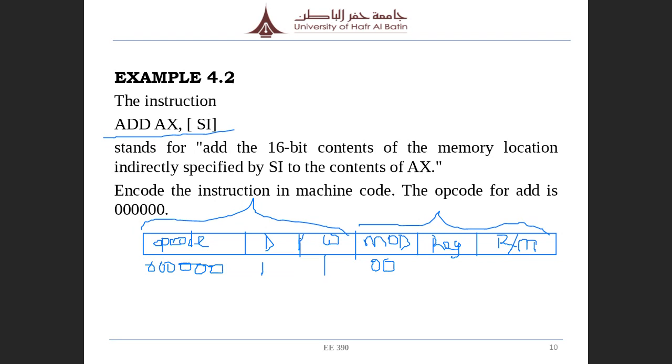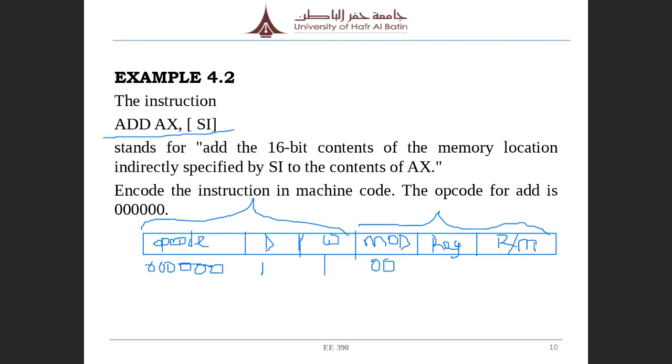Okay, now if you look at the file, for mode 00, what will be the register or memory value? First of all, REG is for AX, right? But what about the register or memory? It is related to the memory, where the offset address is indicated by SI.